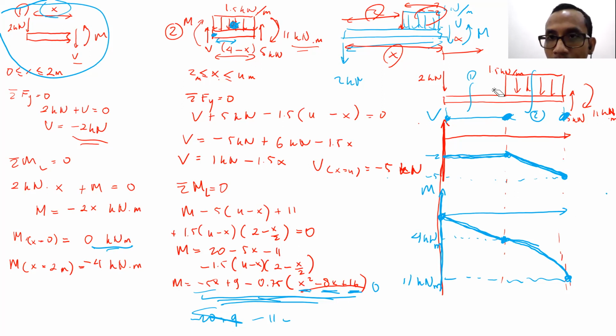So, for example, I want to check this particular point, 3.5 meters from the left edge. This particular point, you get it, right? So I can put this particular section and draw the free body diagram there. For example, my free body diagram will become like this.